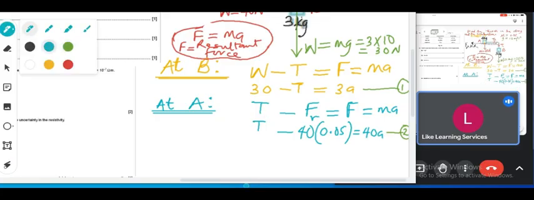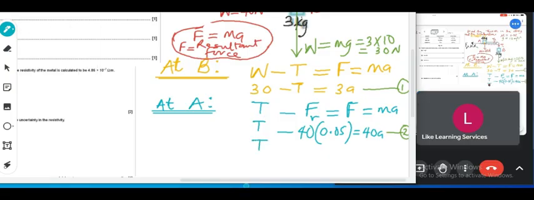Do you have your scientific calculator, so that we can solve simultaneous equations? 40 times 0.05 gives what? 2. Okay.